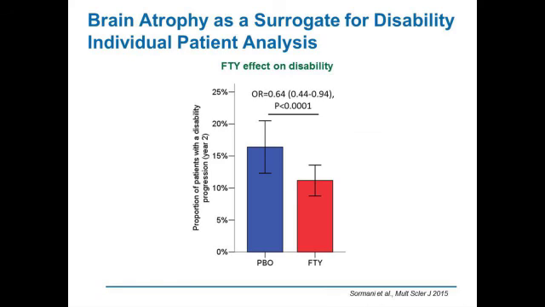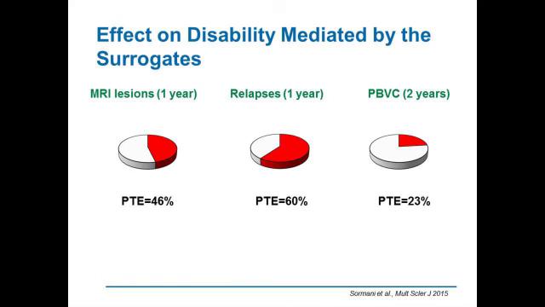We ran some statistical models to assess this explained effect, and in this slide we report the proportion of treatment effect, PTE, explained by the surrogate marker on disability progression.